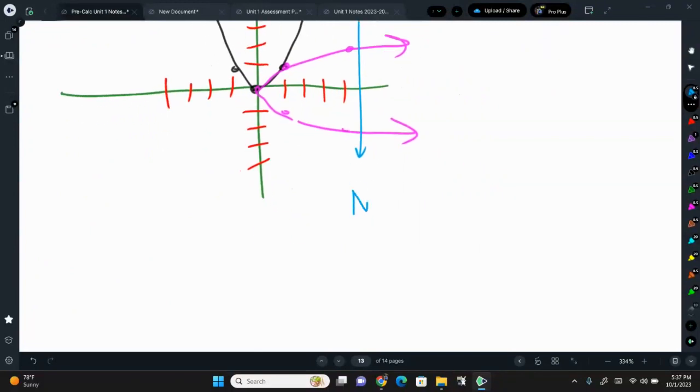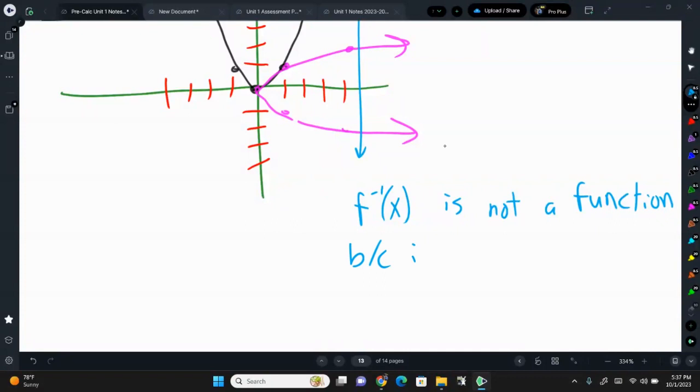So we can also say that f of the inverse of x, or inverse f of x, is not a function because it fails the vertical line test, VLT.